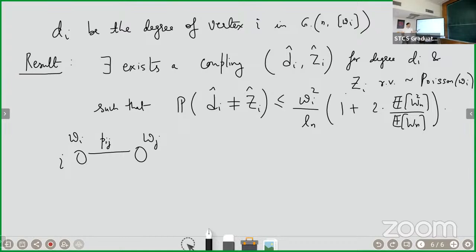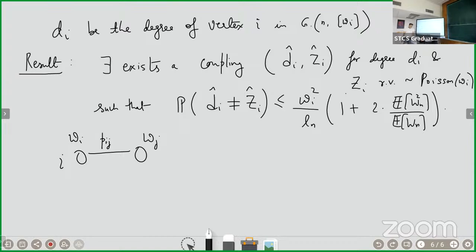In general, I would expect the degree of i to depend on every other weight of every other node in the network, because p_ij clearly depends on w_i and w_j. What I'm saying is that if n is large enough, the dependence on every other weight in the network is washing away. That's all. So suppose I chose p_ij such that I wanted a power law.